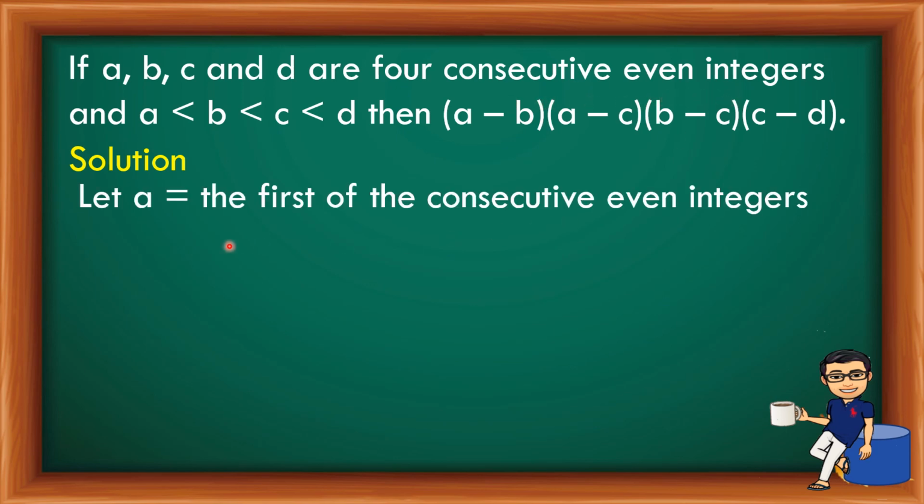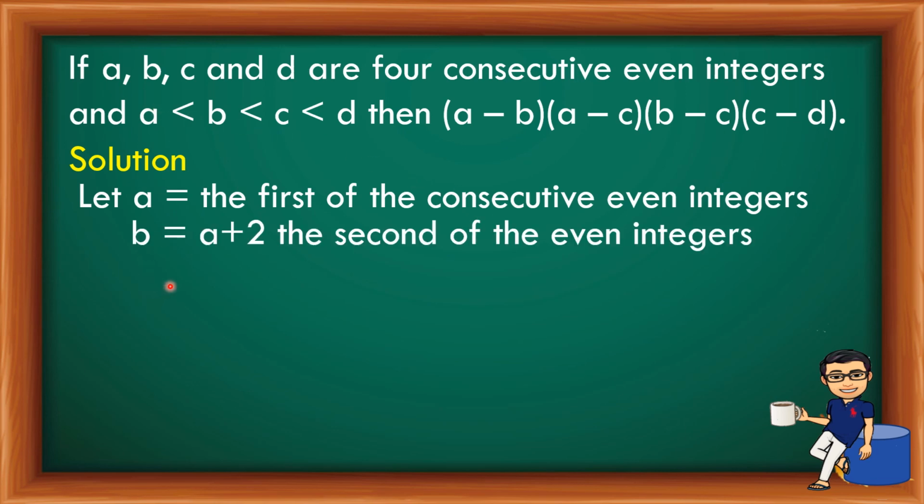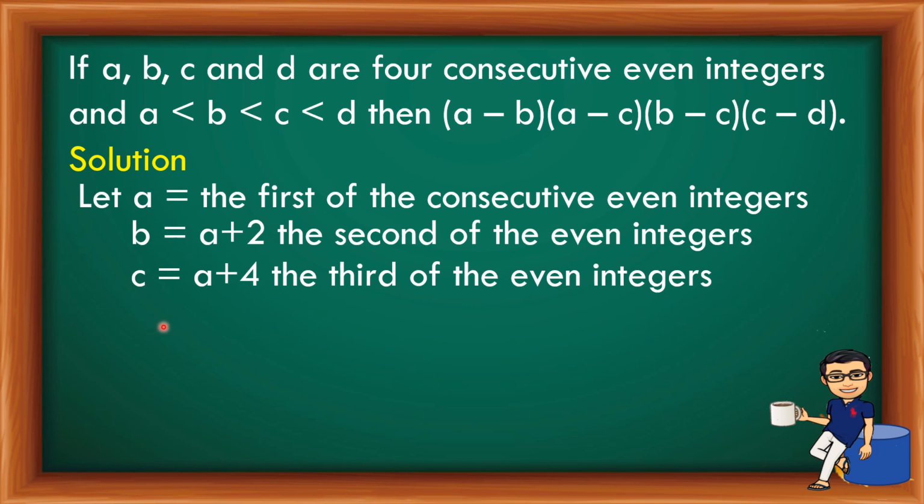So A, the first of the consecutive even integers. B, the second of the even integers. Since we are talking of even integers, we are going to represent the next integer as A plus 2. That will be the second even integer. And C will be our third integer.